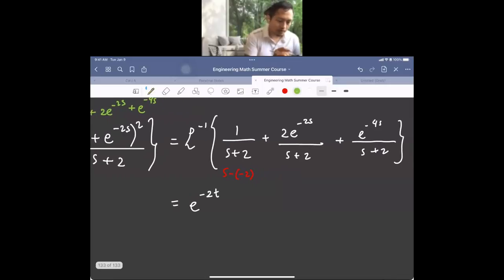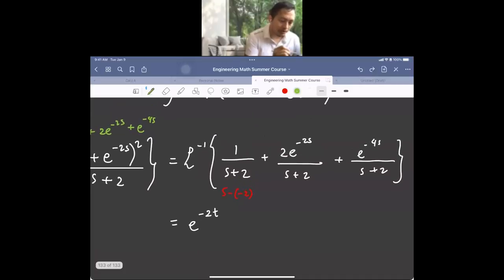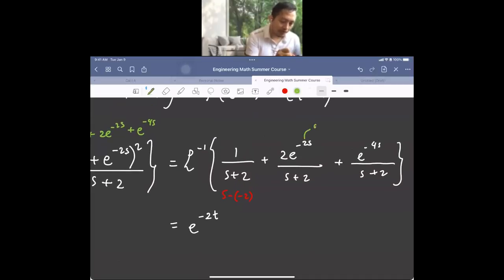And the middle one, according to the structure, the a is 2, so we will have the translation t minus 2 in here.